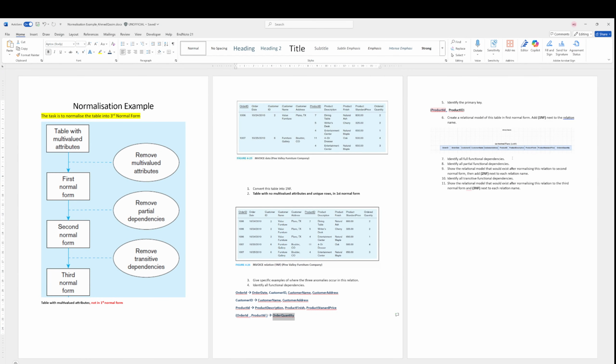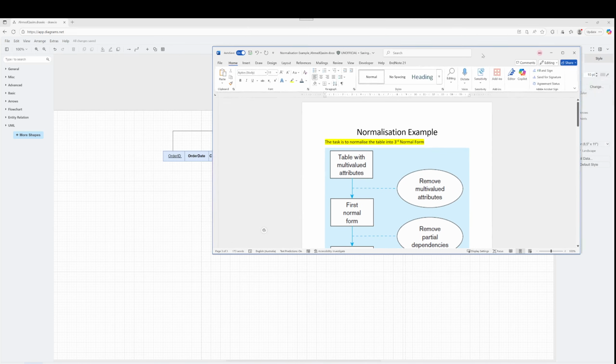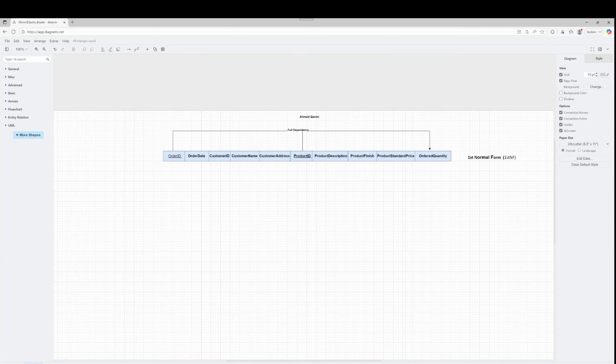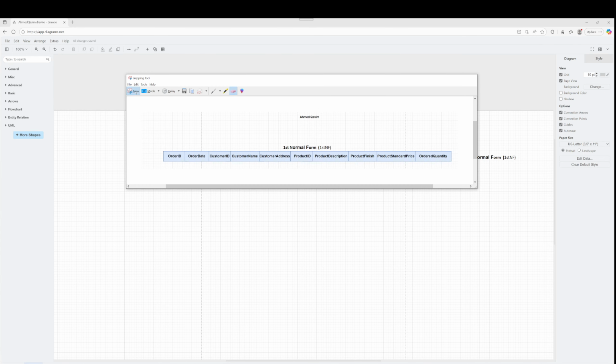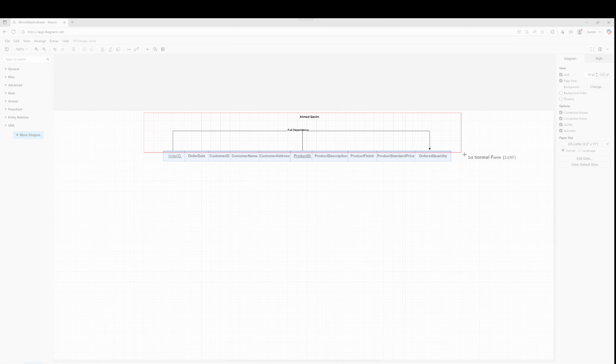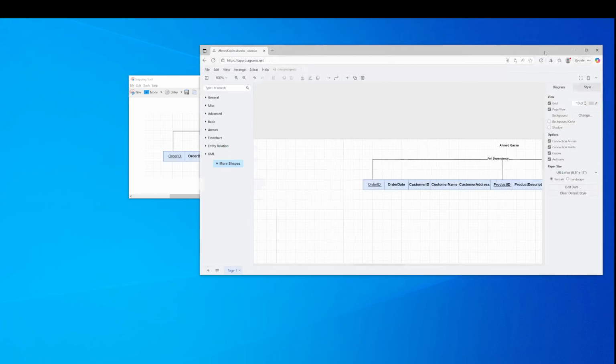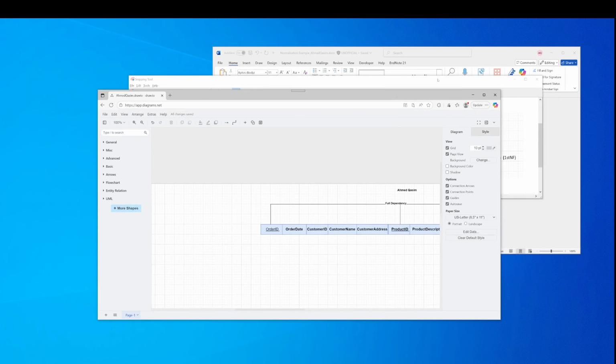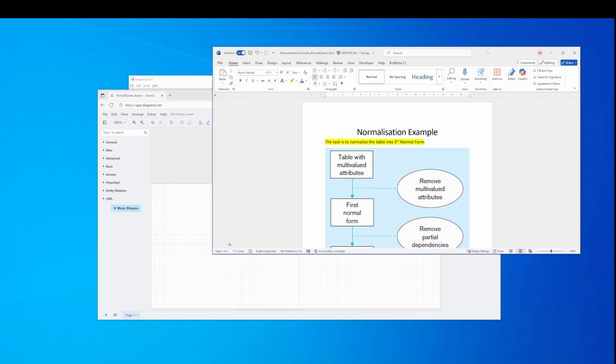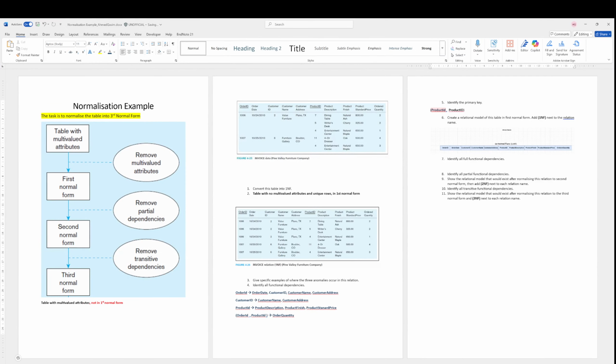So I need to put this one here. So this is your full functional dependency.